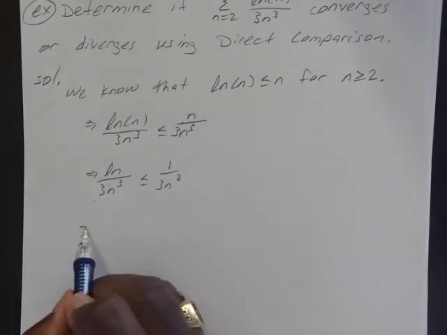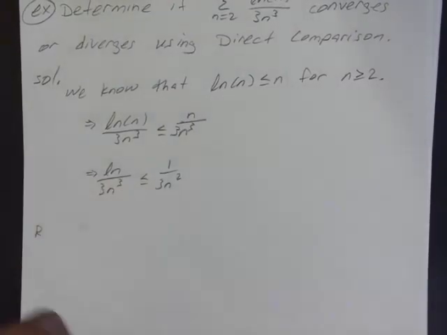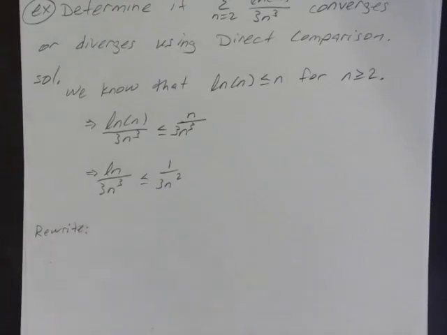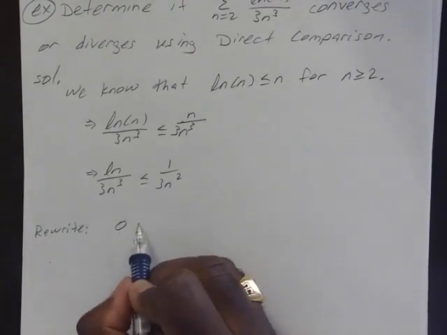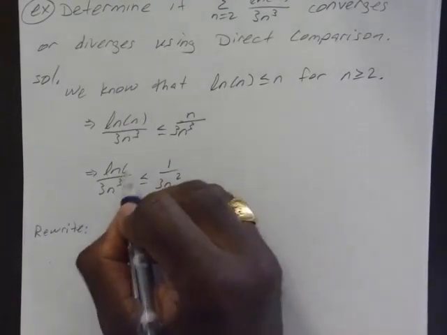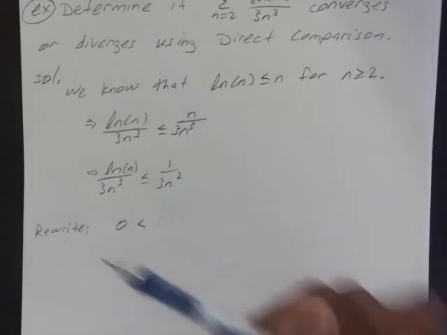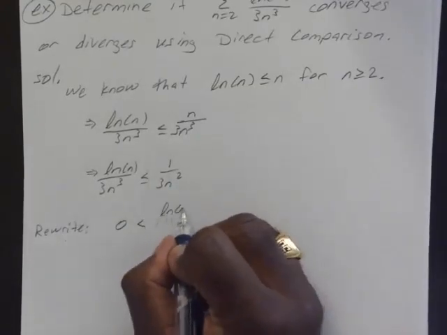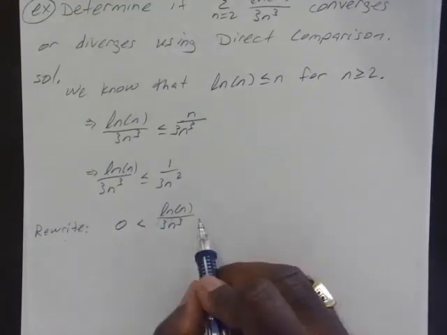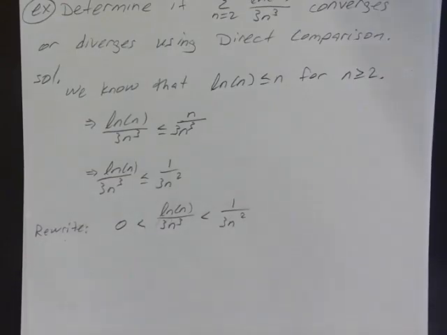So once again, we can rewrite this as 0 is less than the natural log of n divided by 3n to the third power, which is less than 1 over 3n squared.